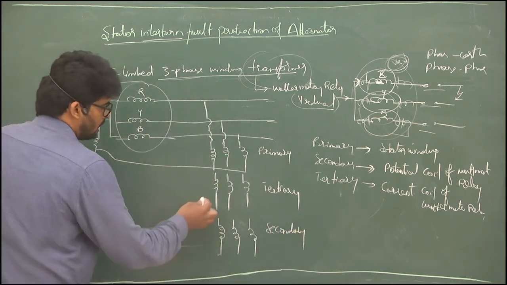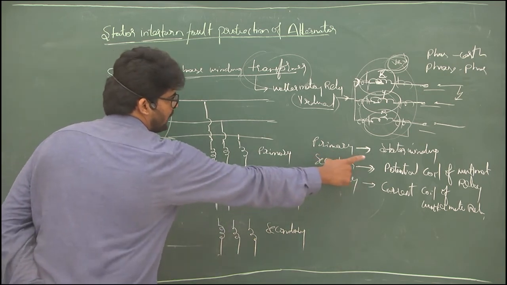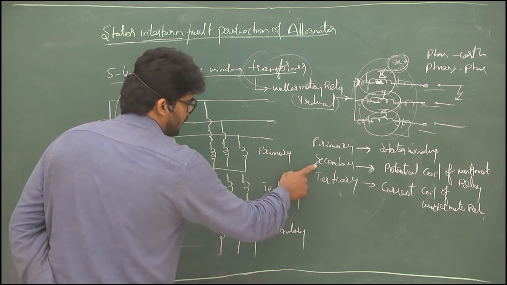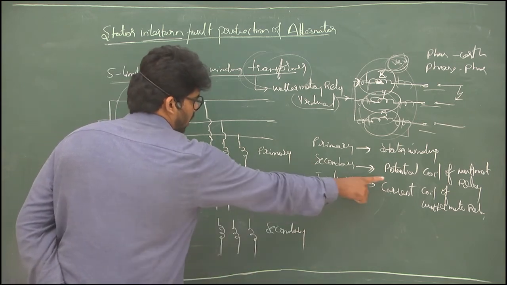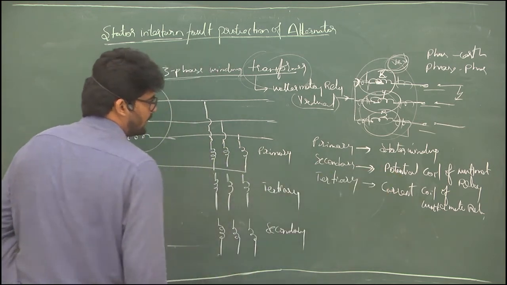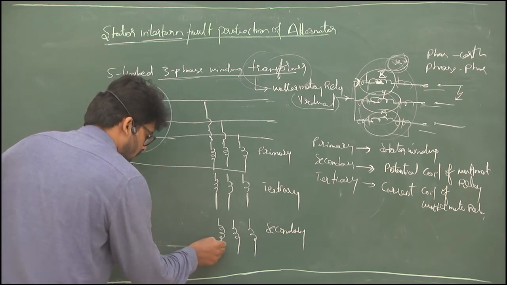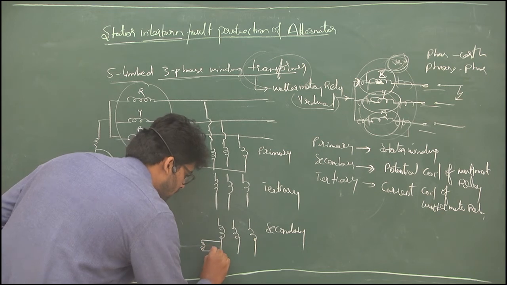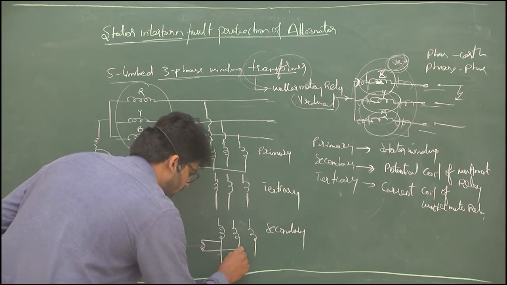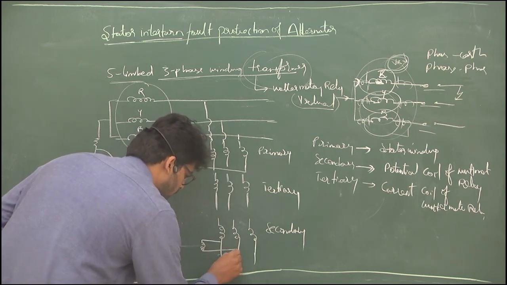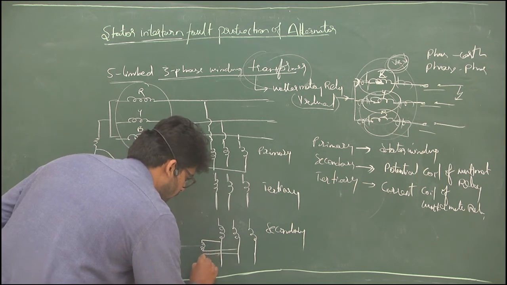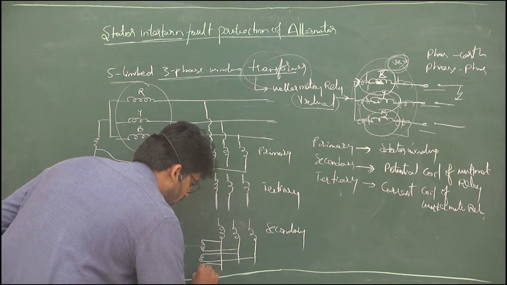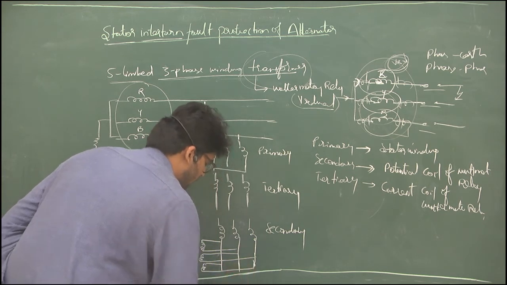Now, as I said, the primary is fed to the stator winding, and the secondary is fed to the potential coils. So we'll place the potential coils like this, with each individual phase.